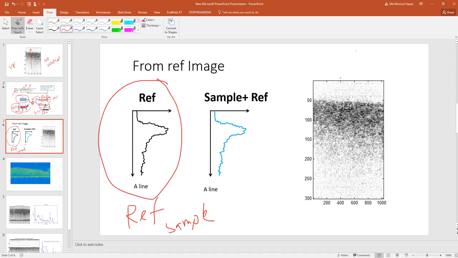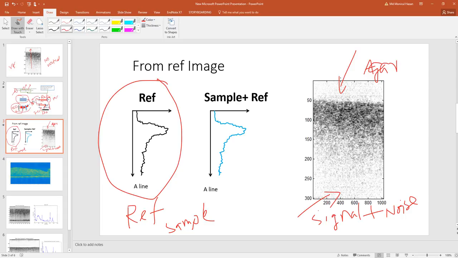And this is our data, some agar sample data. In this data we have the components of both the signal that is coming from the sample arm plus noise. So we have to subtract the noise.